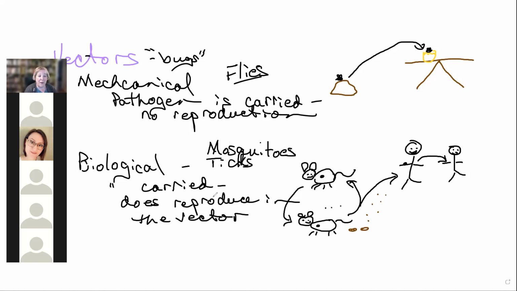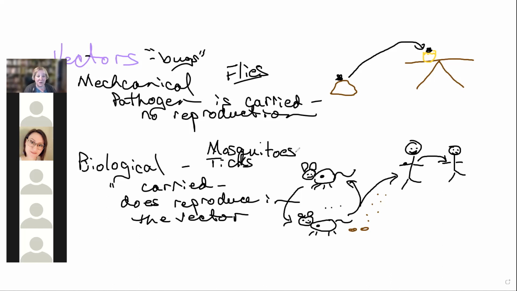The pathogen is replicating within these invertebrate animals as a part of their life cycle. Whereas the poop would not be biological. I mean, it's part of biology, but it would not be a biological vector.